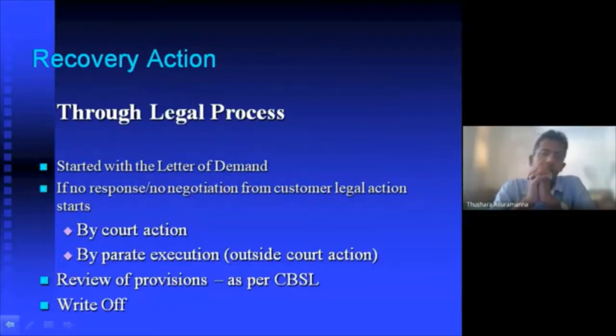So basically, what we are trying to learn here so far is we try to understand what problem loans are and what are the features or identifications of problem loans through some sources. Then we try to understand how to handle these things, soft to hard. What are the soft actions and what are the hard actions?